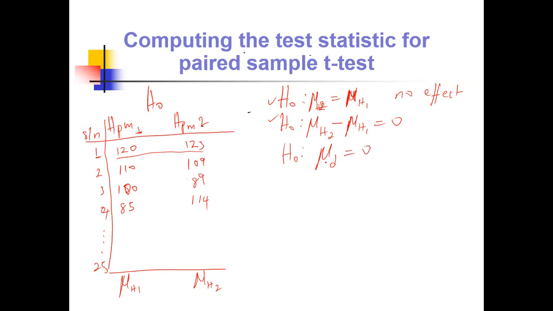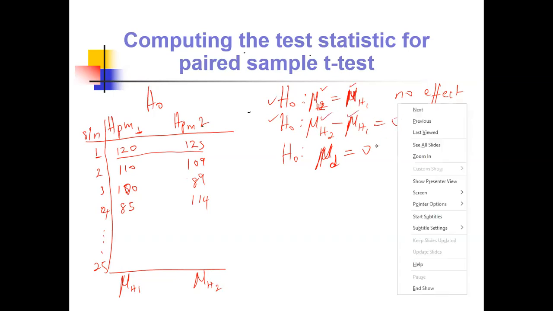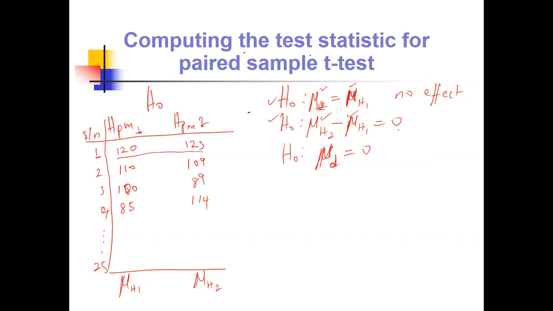So I'm using mu d, right? The difference between the two heart rates is equal to 0. And this is consistent with every other statement here. If heart rate before and after are equal, then when we subtract them, we should get 0. And we are using just mu d as representing the subtraction.